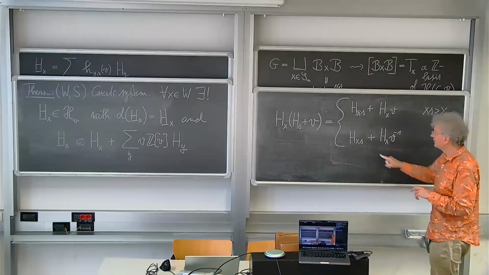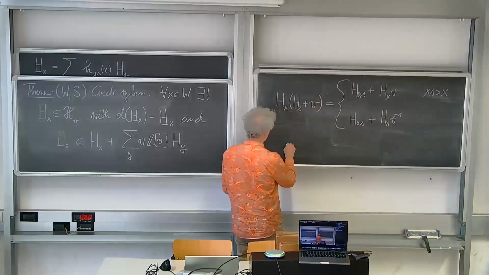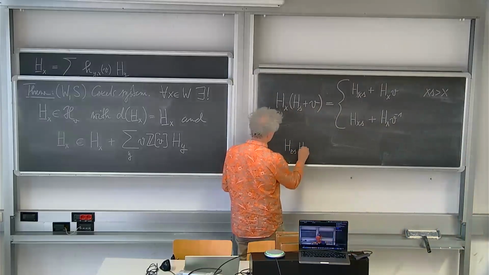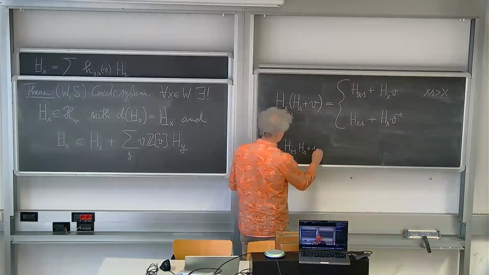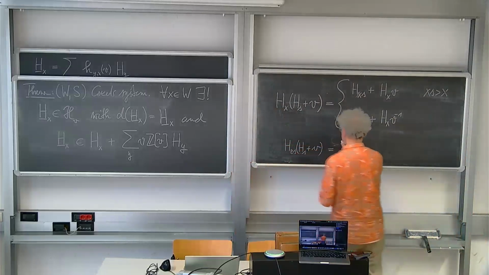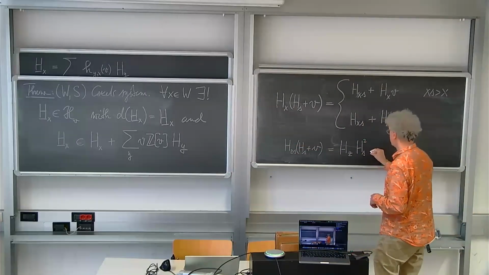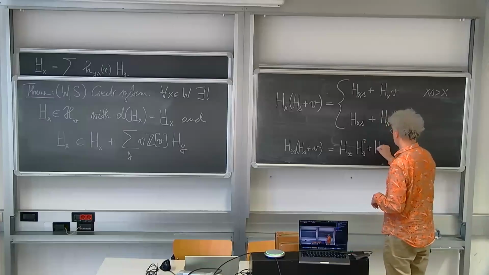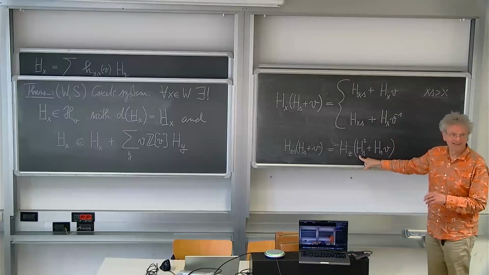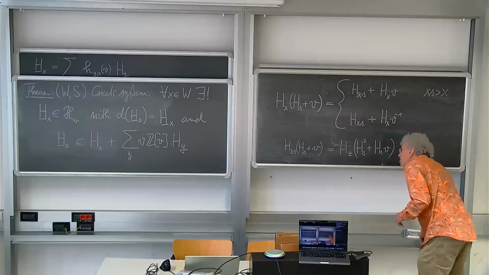You can calculate it. In the second case you have to calculate h_x times h_s plus v, and then you get h_x h_s squared plus h_x v. And now you know what h_s squared is. And okay, what else?